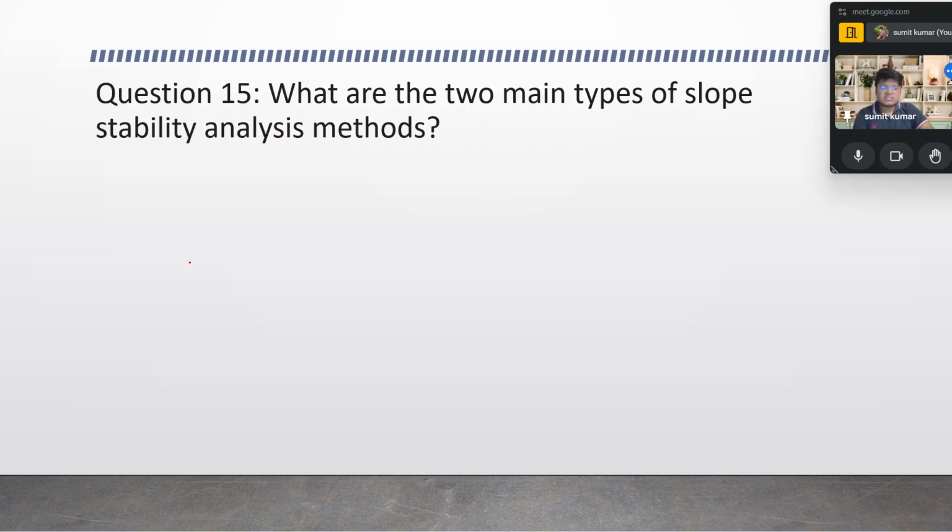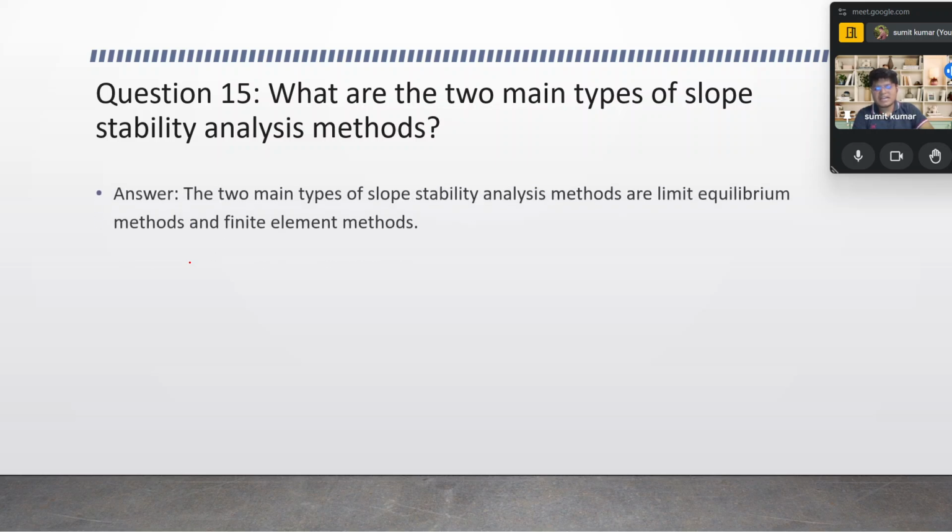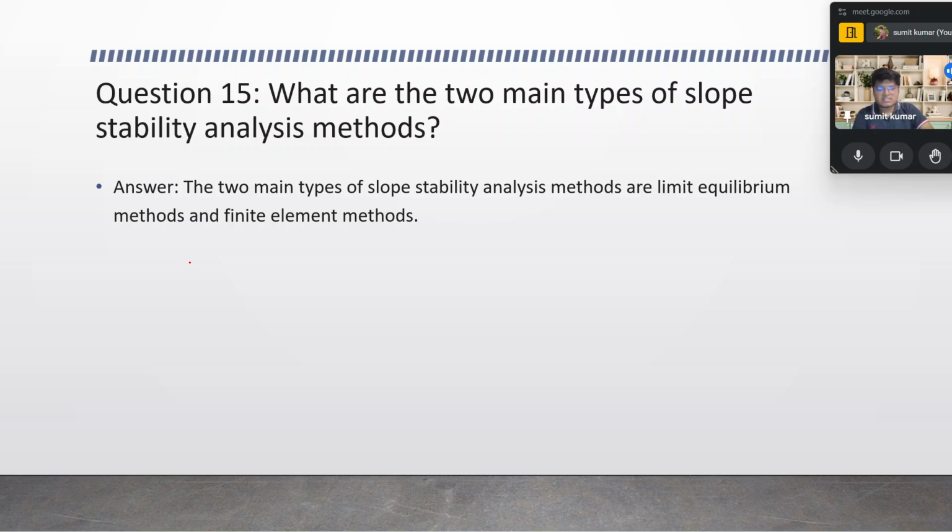Now, the next point is, what are the two main types of slope stability analysis methods? So the limit equilibrium method and the finite element method are the two main types of slope stability analysis methods which we perform across the slope.